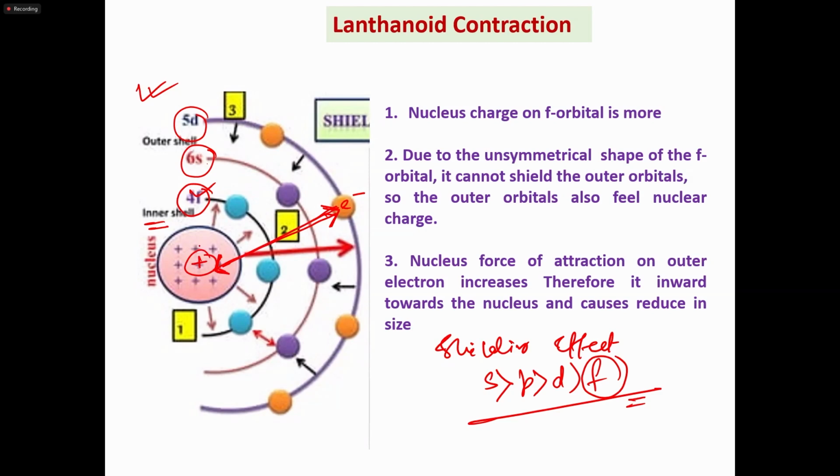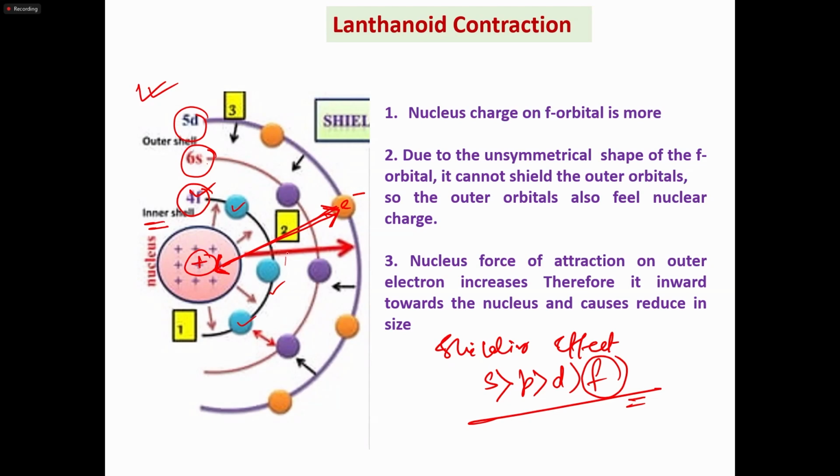Now when this f orbital is present, suppose three electrons are present here, there is poor shielding. Due to this poor shielding, this orbital cannot shield the outer shell electrons from the nuclear charge of the nucleus.